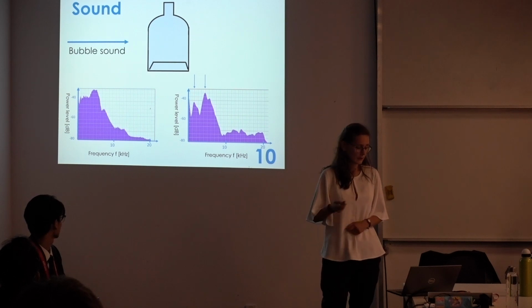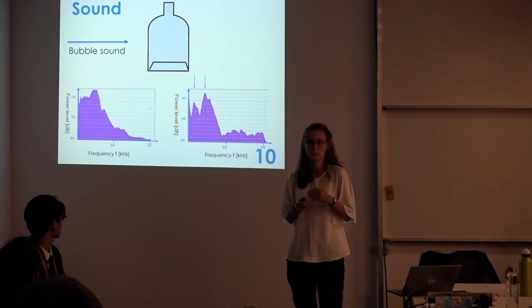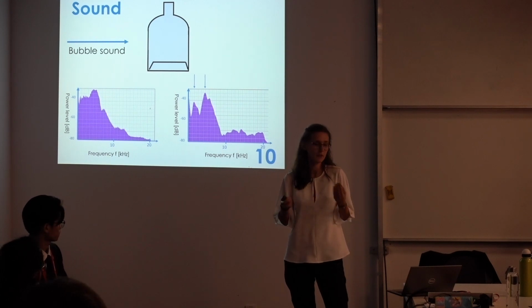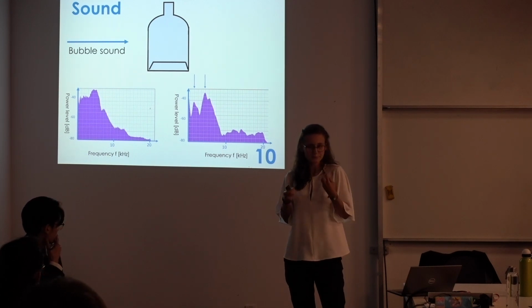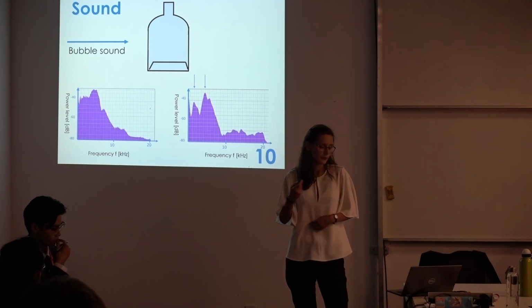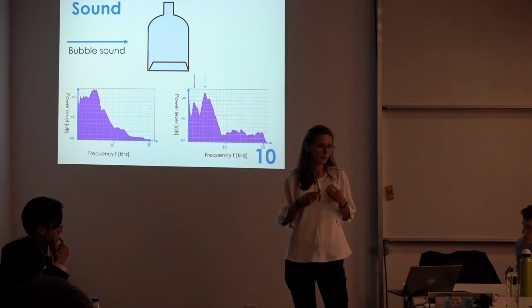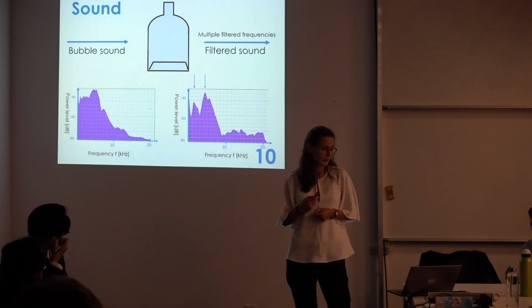So how it looked in a... Why is there even a bottle when we stated that the sound is produced by the bubbles? The bottle acts as a resonator or a filter, and it filters out multiple frequencies.